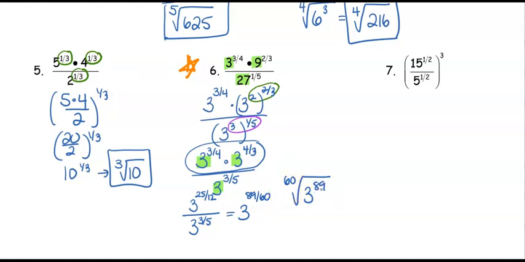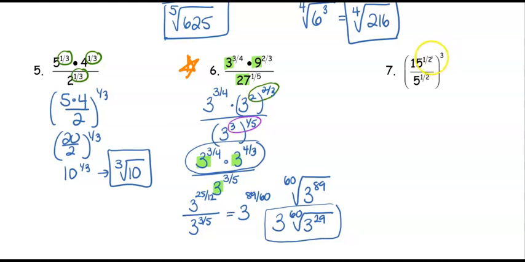I need 60, I have 89. I can bring one group out. When I bring that one group out, I am left with 29 on the inside. One group of 60, I take 60 from 89, and I have 29 left. Now, we've been talking about how we multiply this out, and we normally do, but if you go into your calculator and you do 3 to the 29th power, it's this obnoxiously large number. So we're going to leave it as 3 to the 29th power.